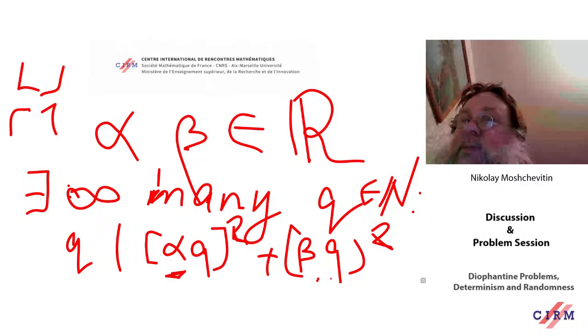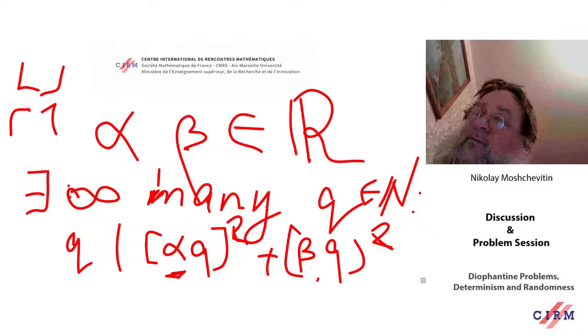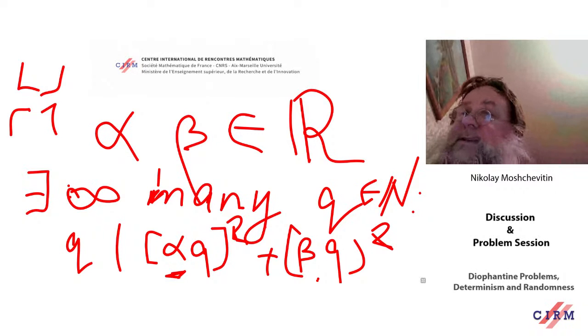Moreover, I do not believe this fact holds when we have more than two squares, maybe five squares. I don't know for three, but for five, nine, or many squares, I think the answer is negative.